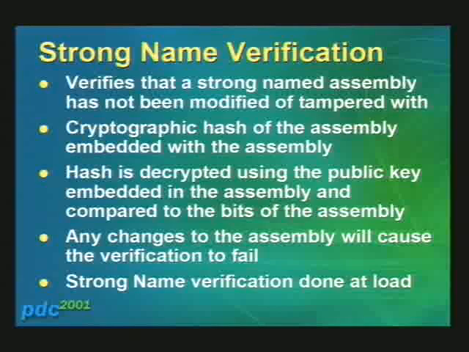If the hashes match, then we know that the assembly hasn't been tampered with, and we know that nobody's trying to spoof this assembly. They couldn't have signed it and couldn't have created an assembly with your identity because they don't have your private key pair, or your private key. So by doing that verification at load time, we can ensure that the assembly hasn't been tampered with.